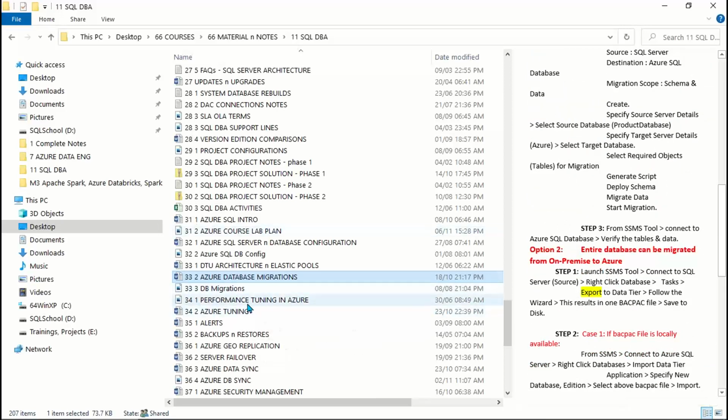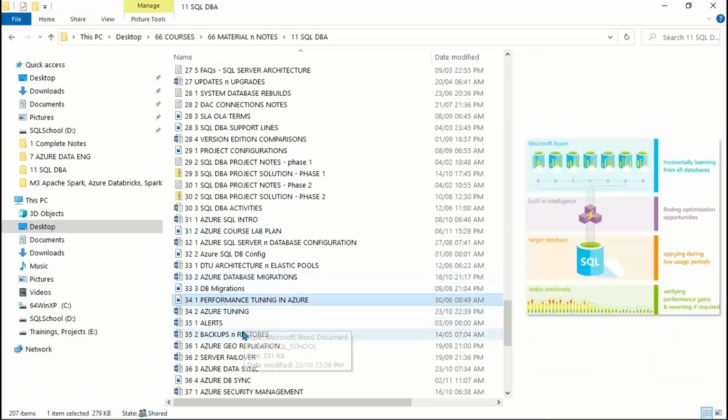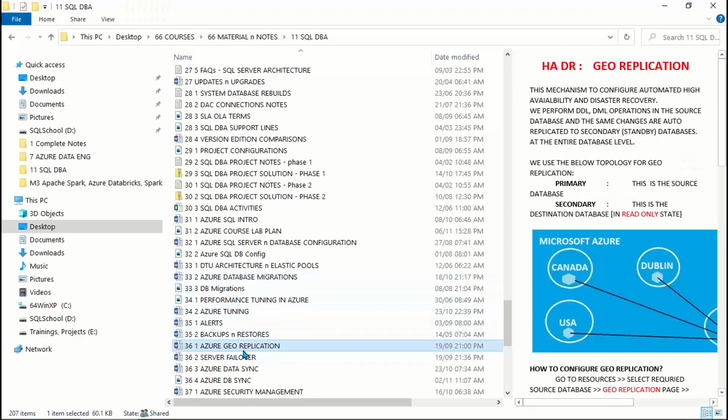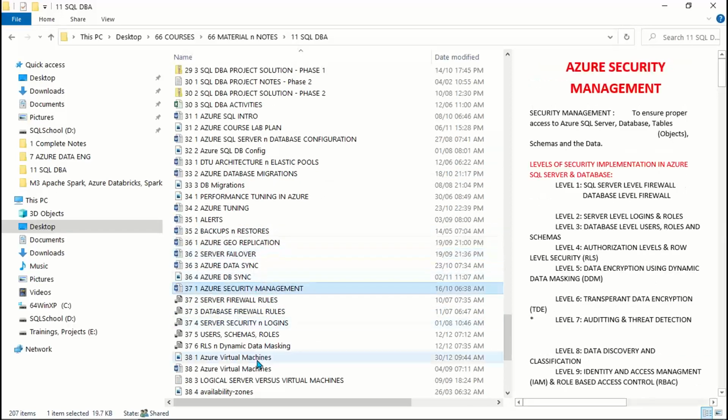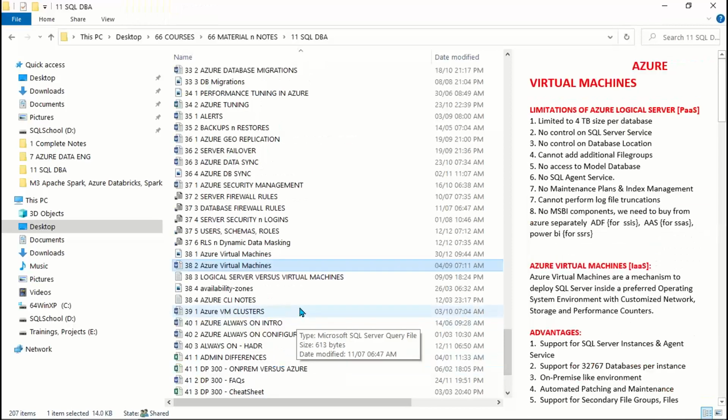We need to understand something called performance tuning and backup restores, replication, HADR in Azure. High availability we call disaster recovery. HADR concepts in Azure. Failovers, security, something called virtual machines.